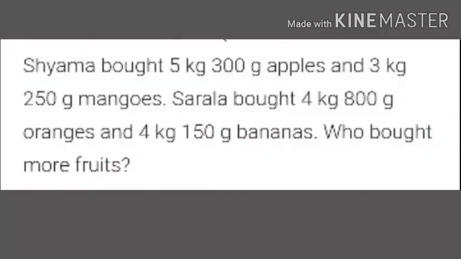Shyama bought 5 kilogram 300 gram apples and 3 kilogram 250 gram mangoes. Sarala bought 4 kilogram 800 gram oranges and 4 kilogram 150 gram bananas. Who bought more fruits? Here we have to find out who bought more fruits, Shyama or Sarala.